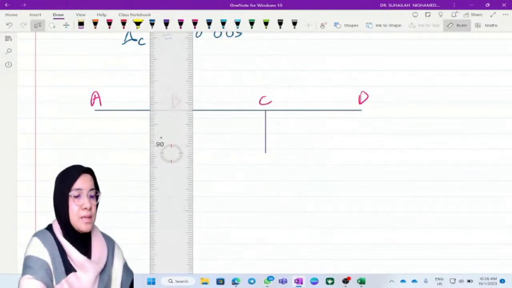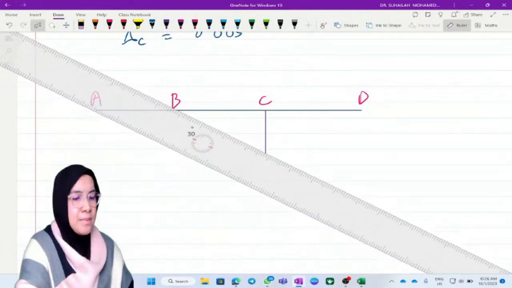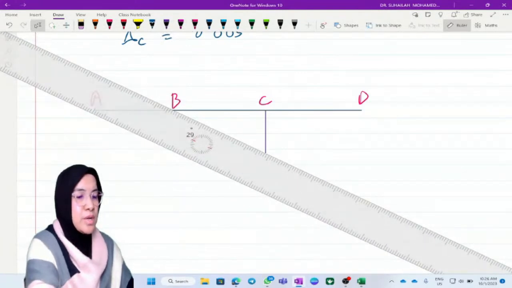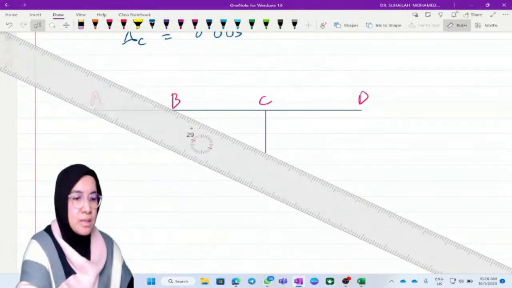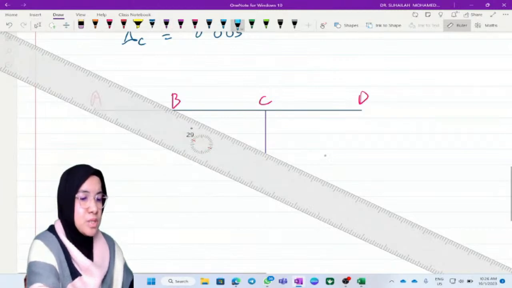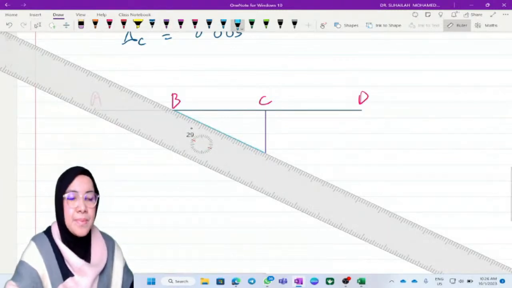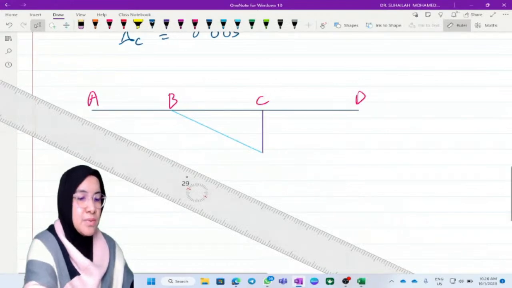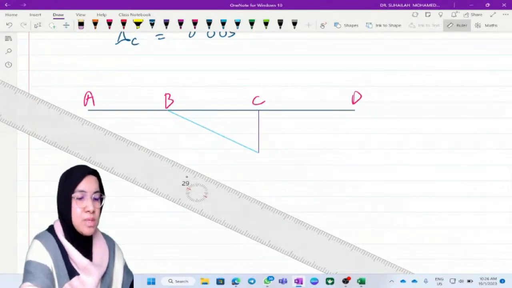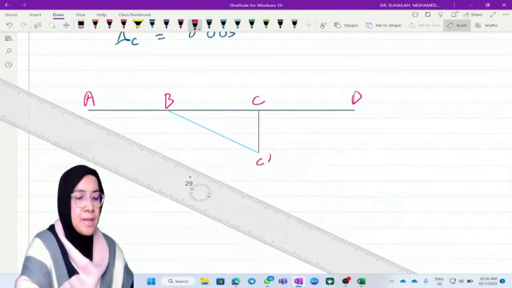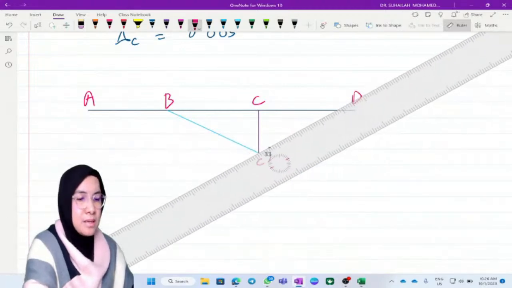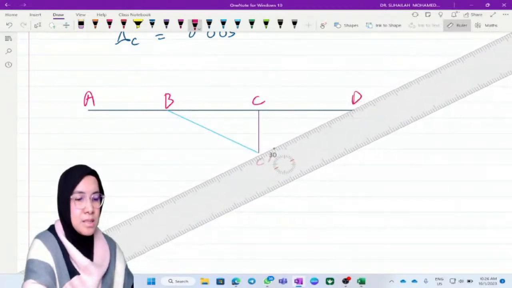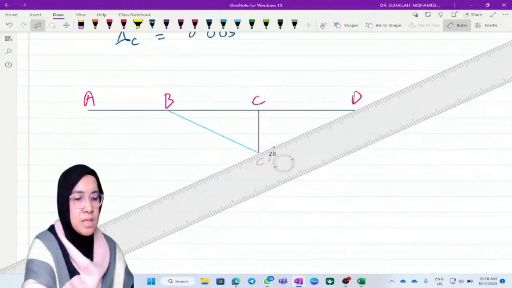A and B remain at the same position. B we have to join with the new C position. The new C position is like this. We call it C prime, and this is the new position after support settlement.